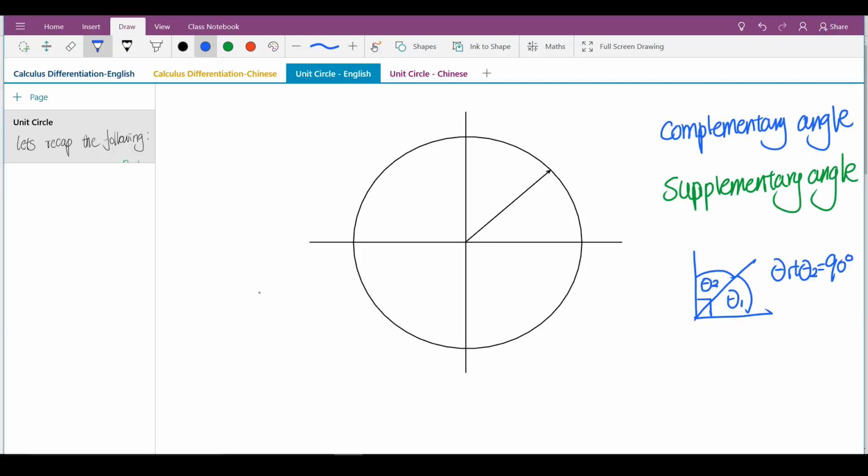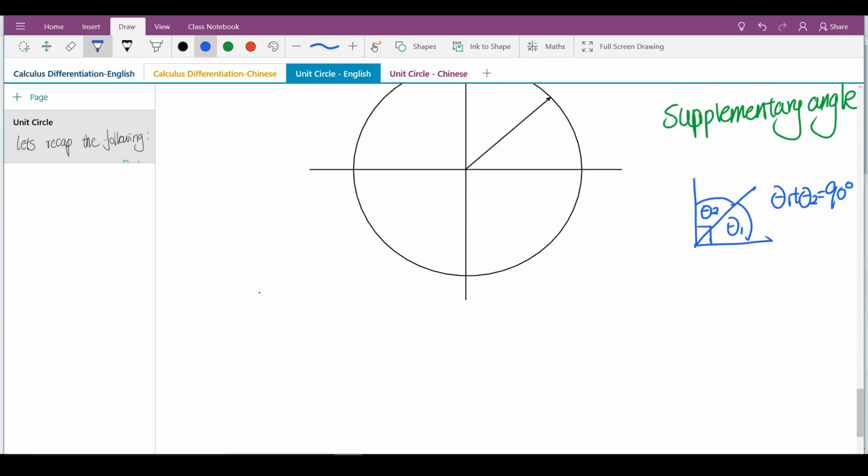Now the supplementary angle happens on a straight line, and we've got a line like that. The theta here, let's call it theta 3, and the theta here, let's call it theta 4.